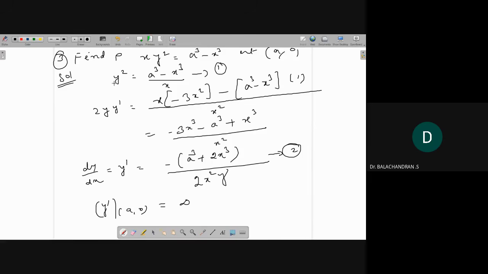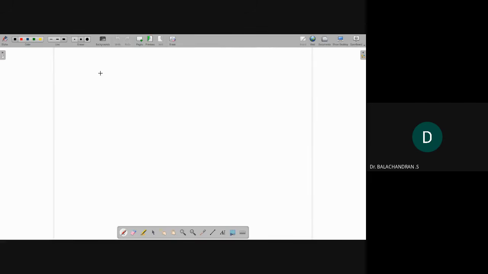So now I'm going to write my next page. dx by dy equal to, so please check it, minus 2x square y divided by 2x cube plus a cube.